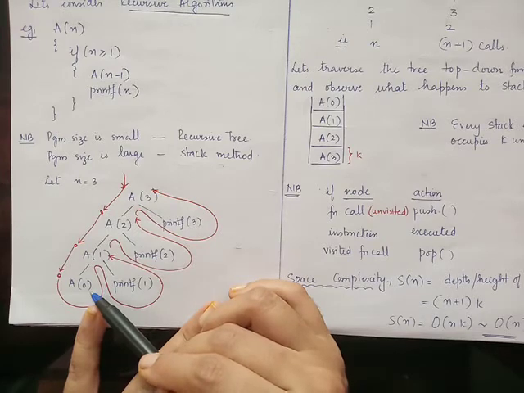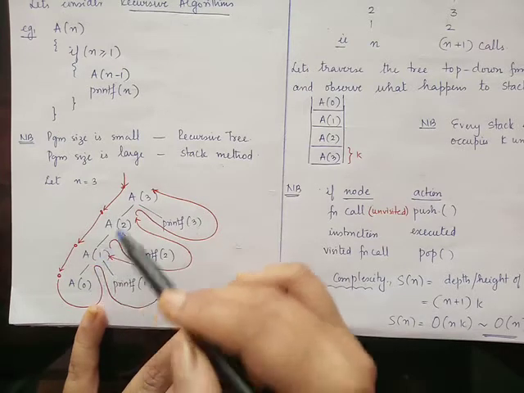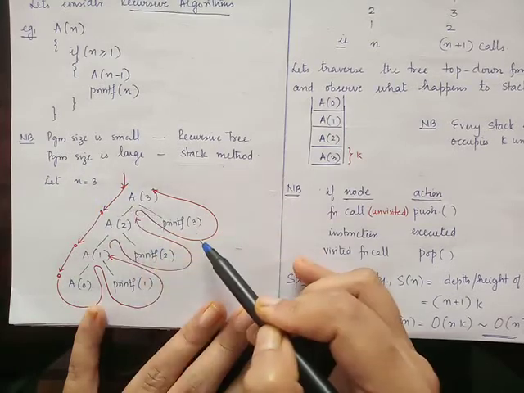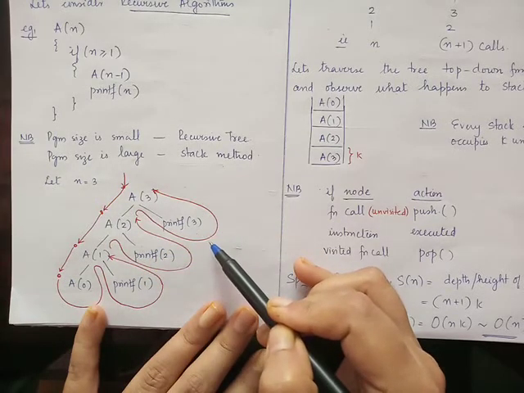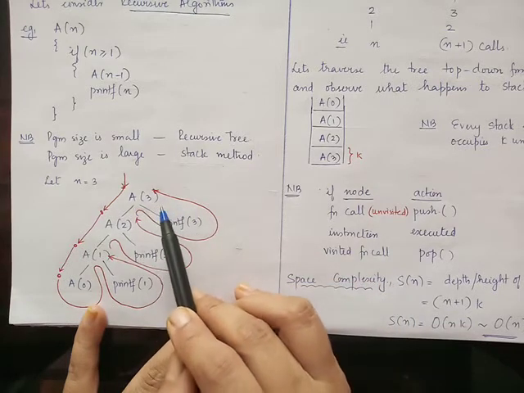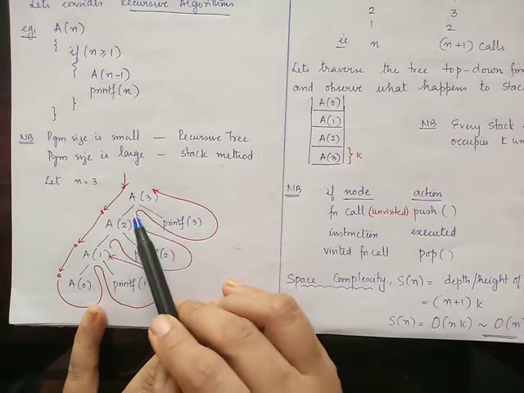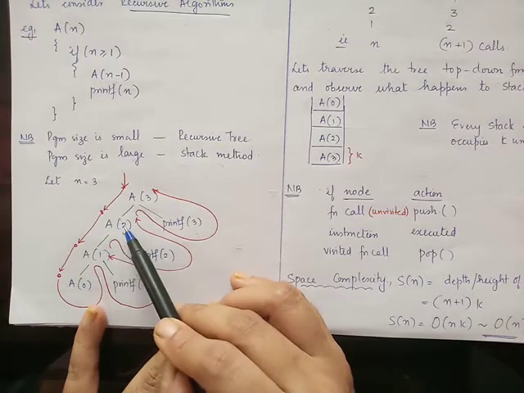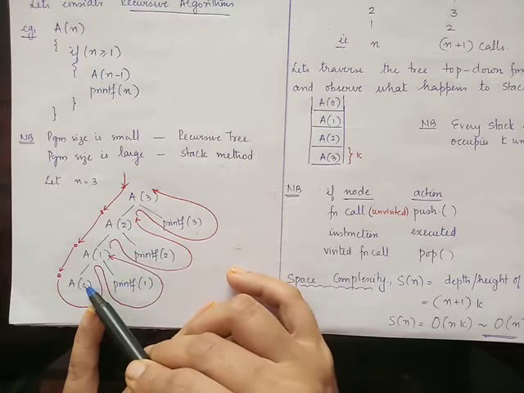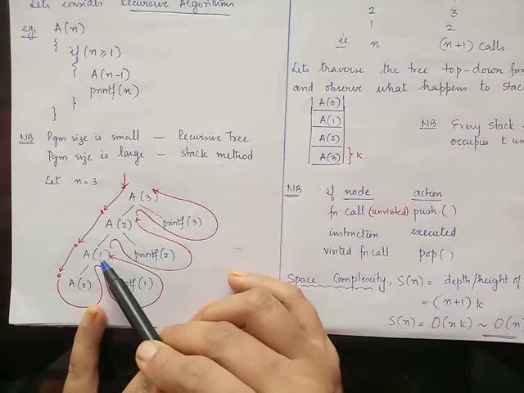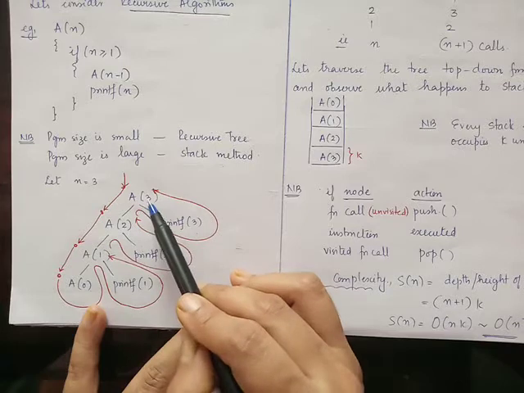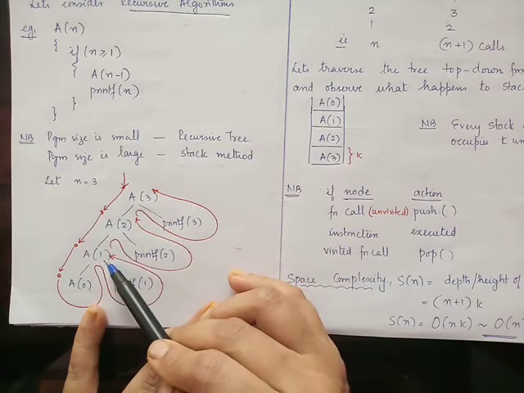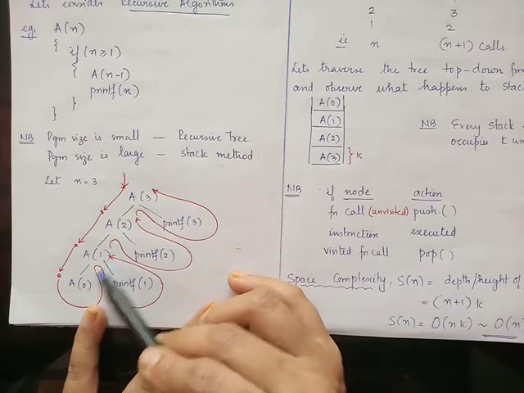Now this recursive call will continue till the value of A is equal to 0. Now we are going to scan the tree to understand the space required for each of these calls. When the value of n is equal to 3, there are 4 recursive calls. When the value of n is equal to 2, it is 3 recursive calls, A of 2, A of 1 and A of 0. Likewise, when the value of n is equal to 1, the number of recursive calls is equal to 2.